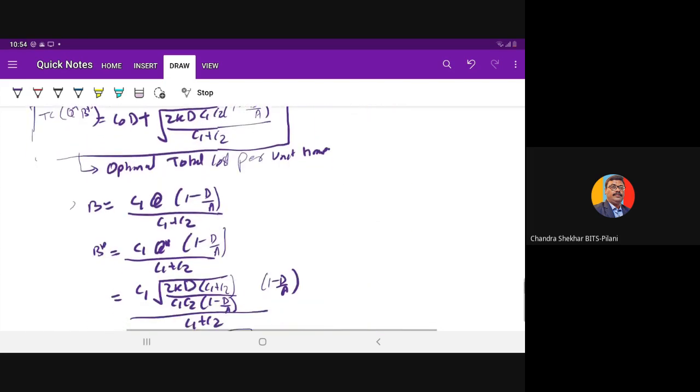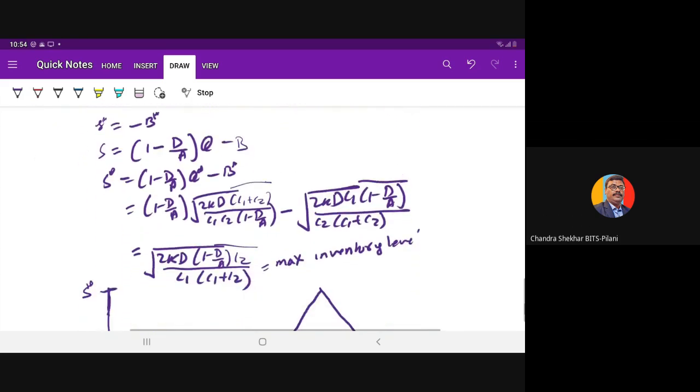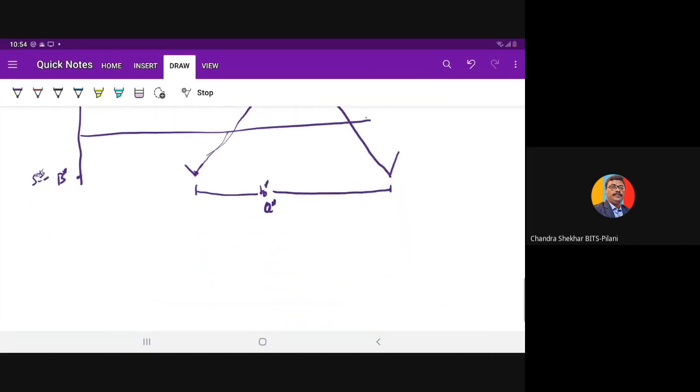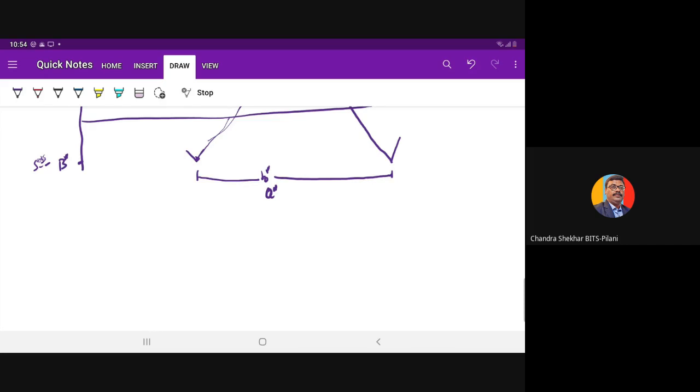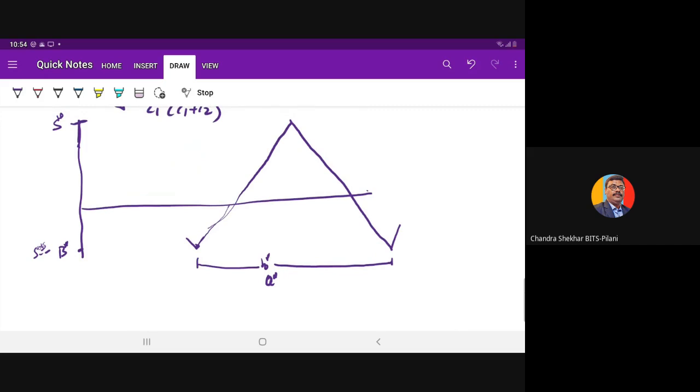Thereafter, because all are correlated to each other, we compute the economic back order quantity, right, or total cost, and the optimal order cycle. Optimal order cycle means the length after which we have to repeat the reorder, that is the optimal reorder point, when we should reorder. So that is the optimum order cycle.